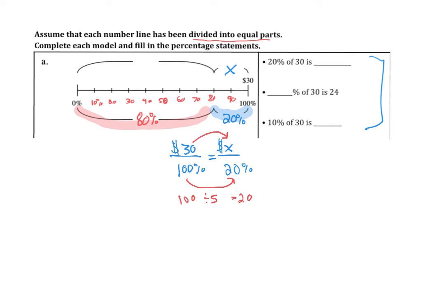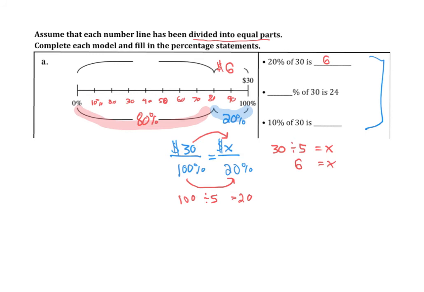So for that numerator, I should be able to say that 30 divided by 5 is going to equal my X. So 6 equals X. So then on my number line, instead of X there, I can say that $6 is 20% of 30. So for my first number statement, 20% of 30 is 6.